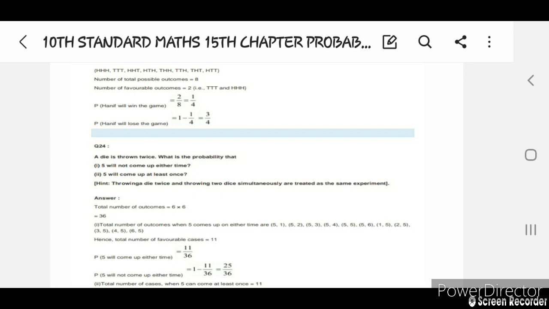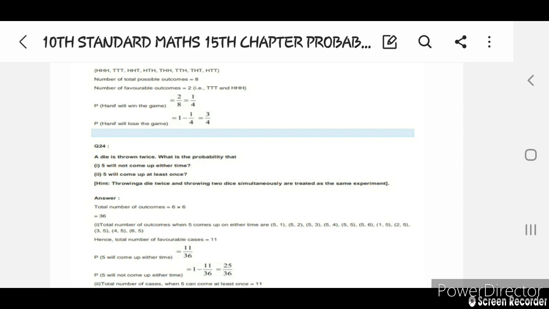For winning he needs HHH or TTT. So 2 by 8 is equal to 1 by 4. That is the probability that Hanif wins.